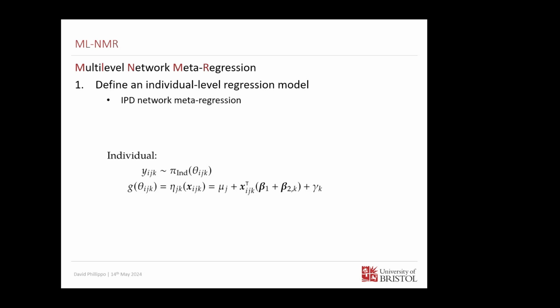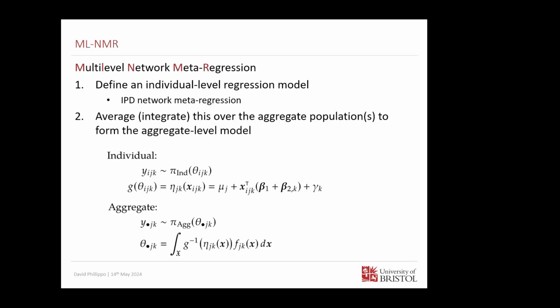But then what do we do with our aggregate studies? What we're going to do is, in the same way that studies report outcomes that are averaged over the individuals in the population, we're going to average or integrate this model over the aggregate populations to form an aggregate level model. So whereas before we might have had, say, a binary outcome for each individual, now we have, say, the number of individuals in a study arm achieving an outcome or having an event, which now has this aggregate level likelihood.